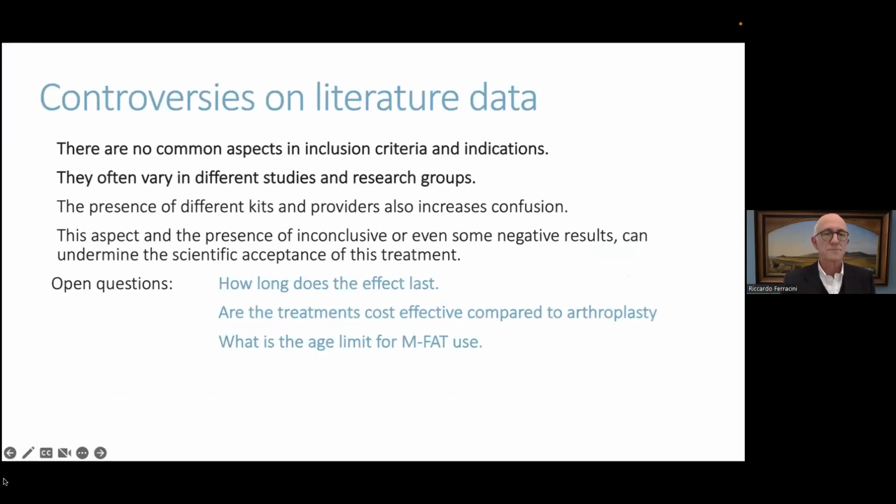Controversy: there are no common aspects in inclusion criteria. We can have a lot of different views, a lot of different preparations, and that's why the literature is not so homogeneous. It will become homogeneous. A lot of people are publishing on the matter now, and it's getting better and better.